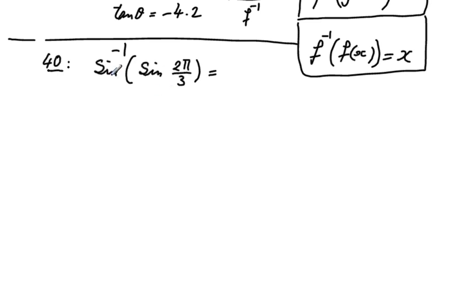Now the question is, what is sine inverse of that number? So let's for the moment assume that sine of 2 pi third is some number x. In this case, we actually know what that x is. This is one of the famous angles. We know the answer is radical 3 over 2. But never mind that. Question is, what is sine inverse of x? What's the sine inverse of that number?